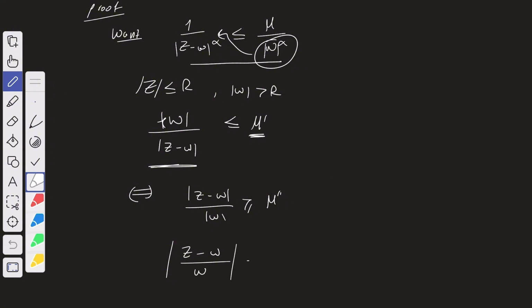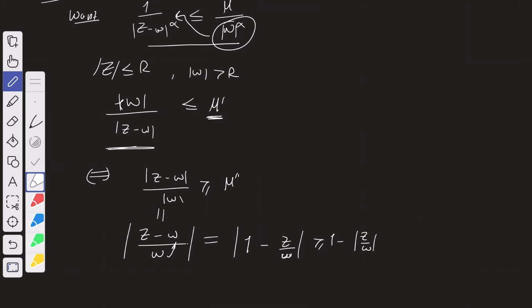If we look at this thing over here, in absolute value it's going to be 1 coming from here minus z over omega if we change the sign in the absolute value, and this will be bigger than or equal to 1 minus |z| over |omega| by the triangle inequality. And this thing, well, |z| is going to be less than or equal to r, and |omega| is strictly bigger than r.